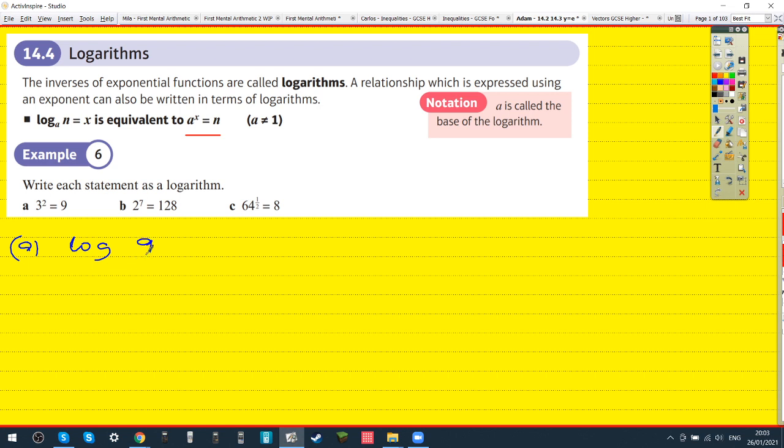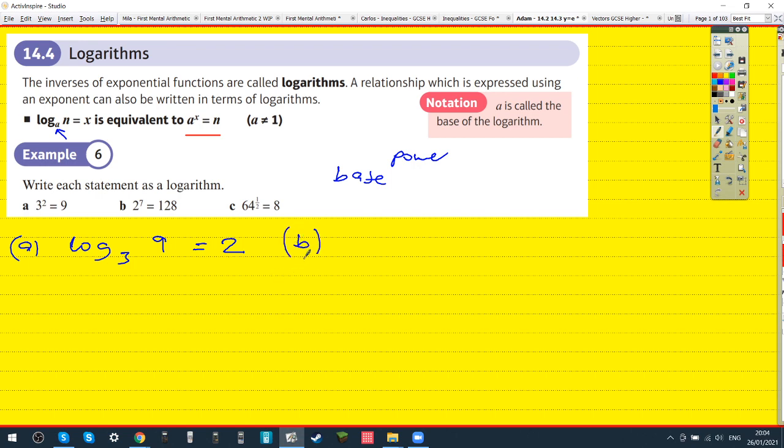As in, log as the smaller number is 9, right? So this is the base, this little one, and so you have base and power. Wait, is it log 3? So it's going to be, I believe you say, log 9 base 3. Okay. And that's equal to 2. Yeah, that's it.